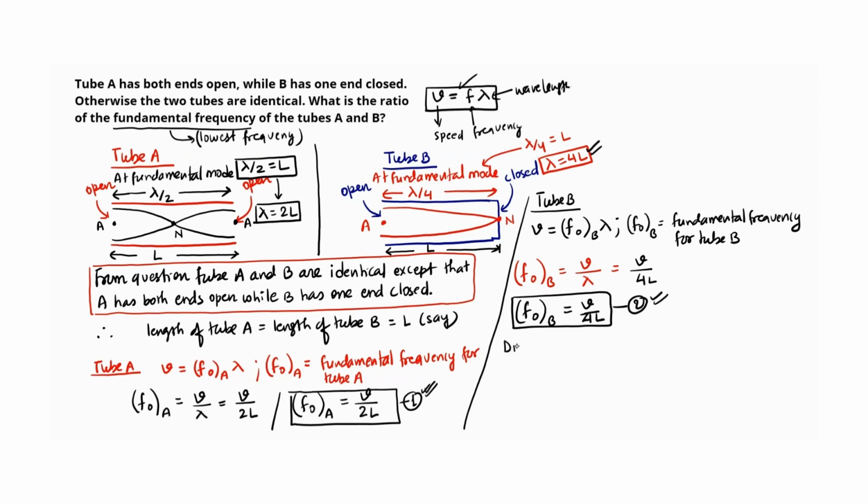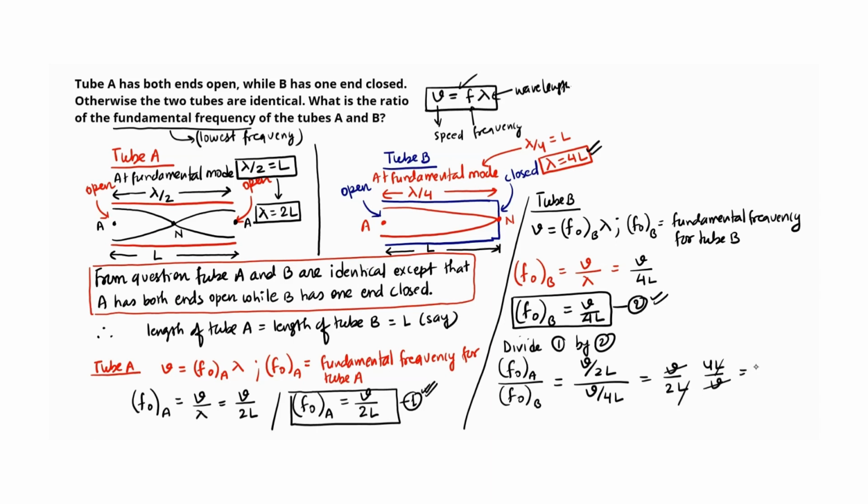Now let us divide 1 by 2. V by twice L divided by V by 4L, we get V by twice L times 4L by V. So this cancels out. This cancels out.